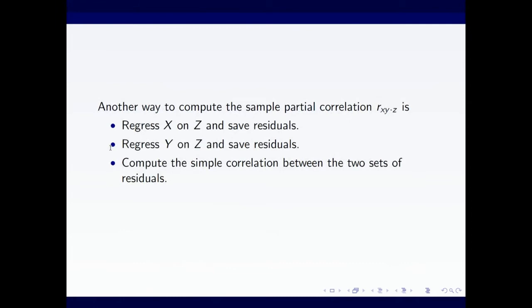Another way to compute the sample partial correlation of x and y given z is that we first regress x on z and save the residuals, then regress y on z and save the residuals, and then compute the simple correlation between the two sets of residuals. So we first look at the relation between x and z and save the residuals, which is the unexplained part between x and z.